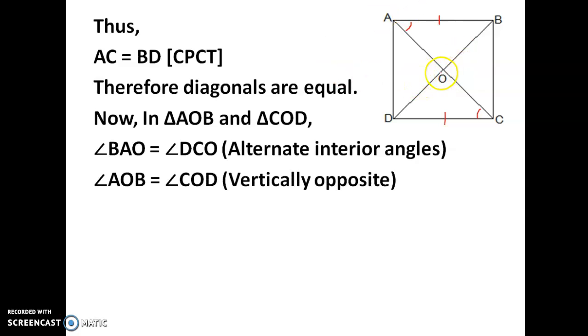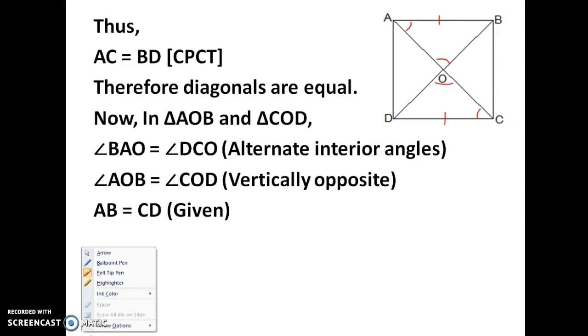Then these two, angles AOB and COD, are equal. Why? Because vertically opposite angles. So one more side, that is AB. AB is equal to CD, because in a square opposite sides are equal. So by that we can say that those two sides are equal.